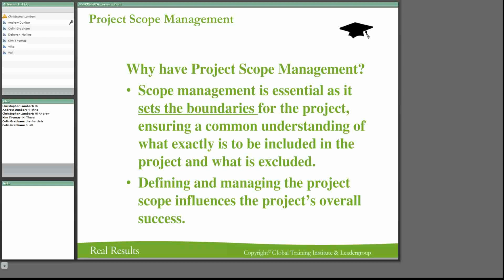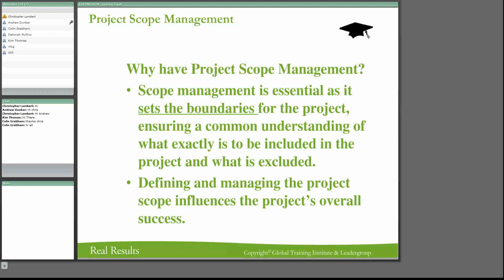The second thing is that defining and managing the project scope influences the project's overall success. So scope is probably the most important technique that we're going to learn. It's probably the most important thing that a project manager has to manage.